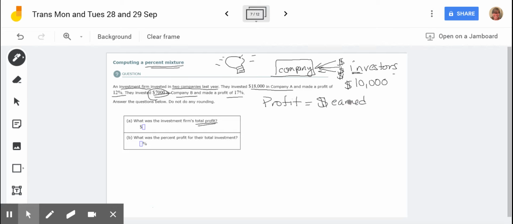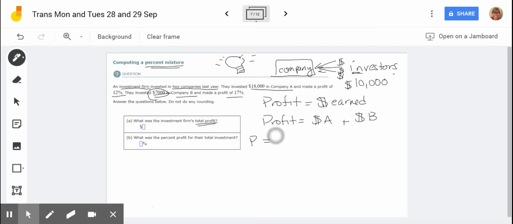Okay. It's the percentage. So here we go. The way you'd get that total profit is going to be the money from A plus the money earned from B. Well, what was the money earned from A? And I have to go over here. I'm sorry, I can't keep them lined up.